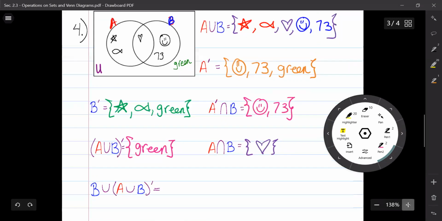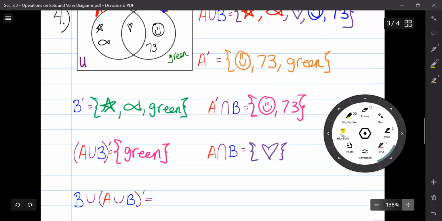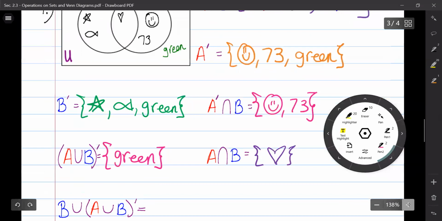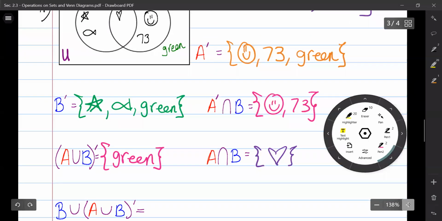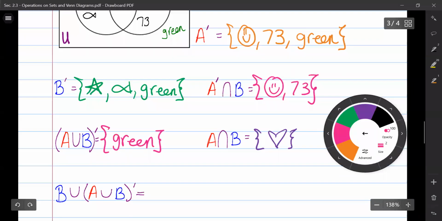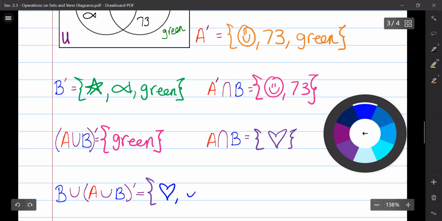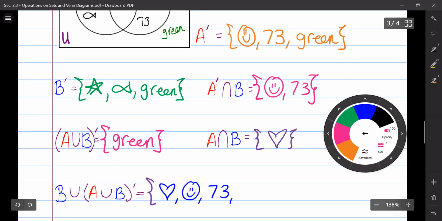Everything in B is heart, smiley face, 73. And then add in everything from the complement of A union B, which is just green.